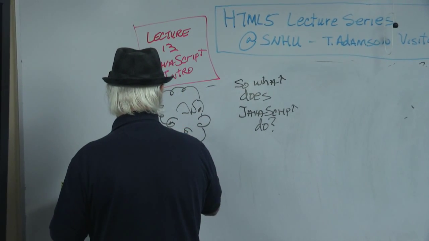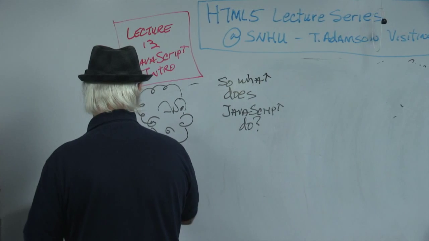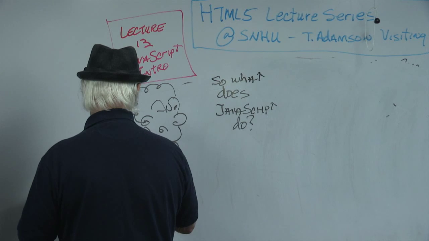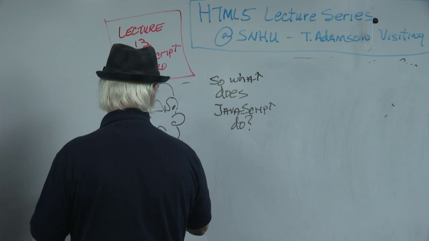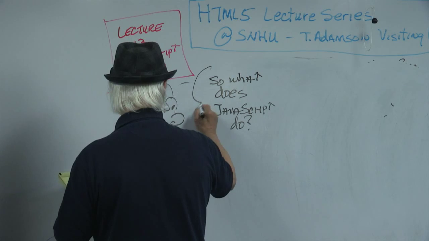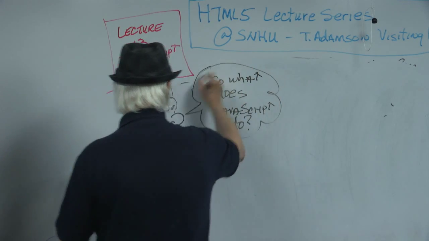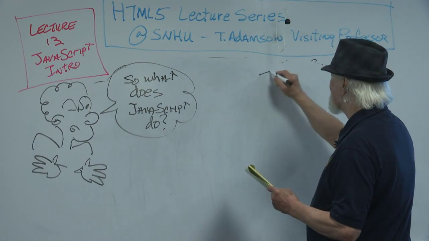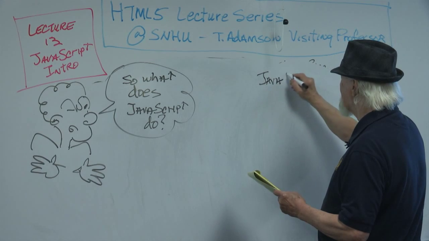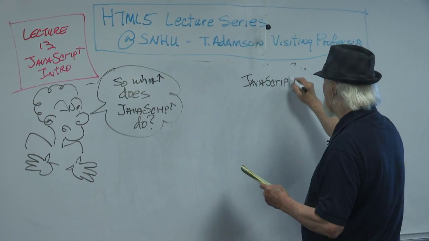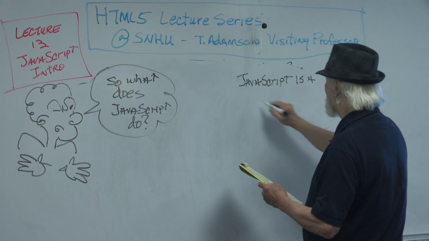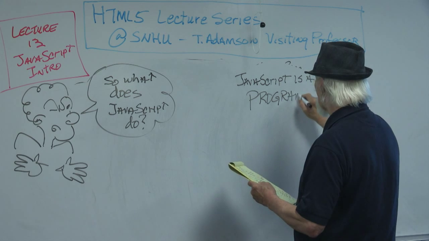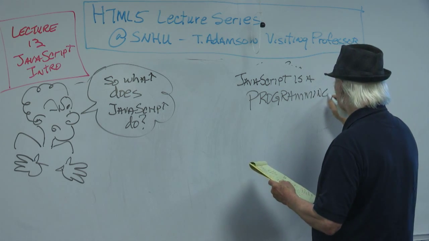This is a person that generally asks questions, and of course they have their shoulders scrunched up and their hands open like so, because they're asking a question. So what does JavaScript do? Well, JavaScript is a programming language.